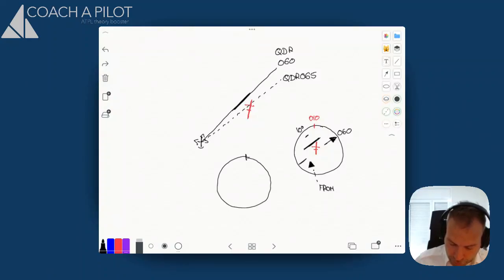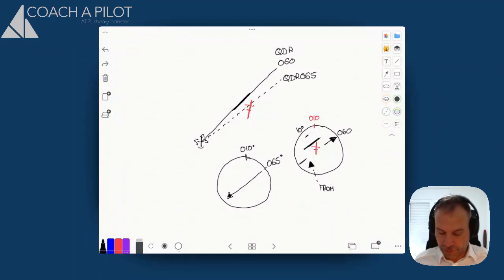We have also the magnetic heading, 010, and we have the tip of the needle that is pointing towards the QDM, and the tail of the needle here that is pointing on the QDR, which in our case is 065. That's it. Job is done. Okay. So I hope that this has helped you.